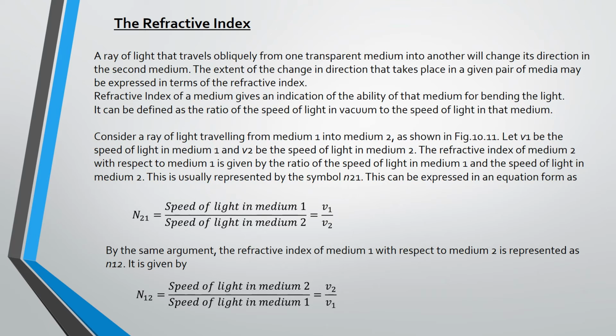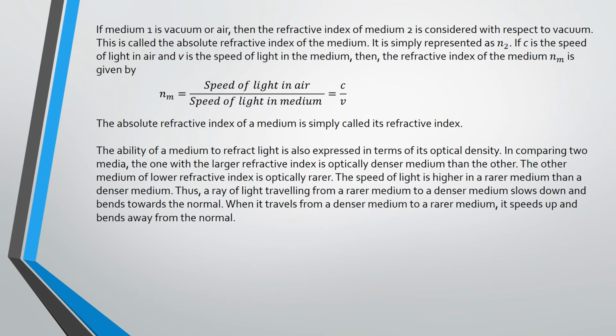If medium 1 is vacuum or air, then refractive index of medium 2 is considered with respect to vacuum. This is called the absolute refractive index of the medium. It is simply represented as N2.